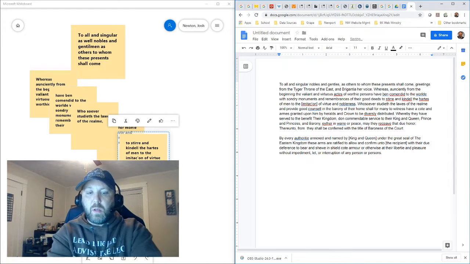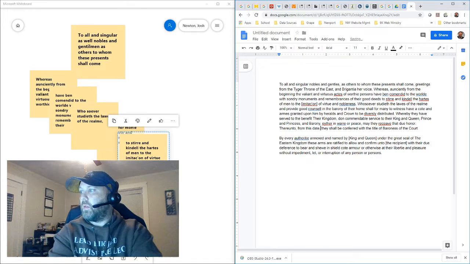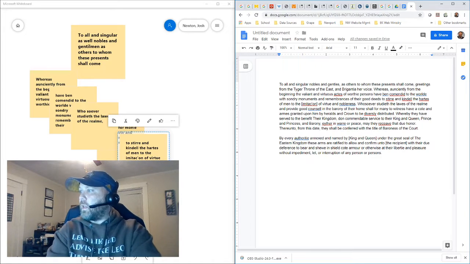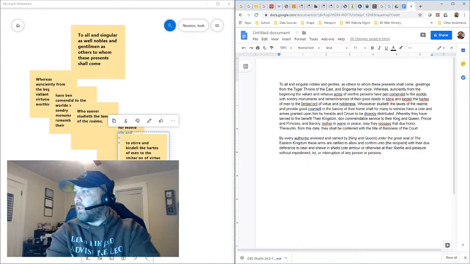From this date conferred with the title of Baroness of the Court by every authority annexed and named by the King and Queen of the Great Seal of the Eastern Kingdom.